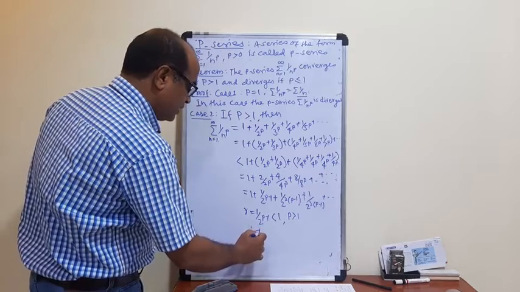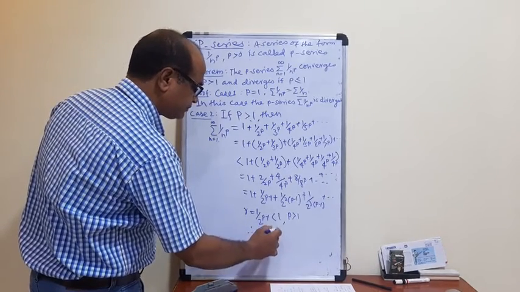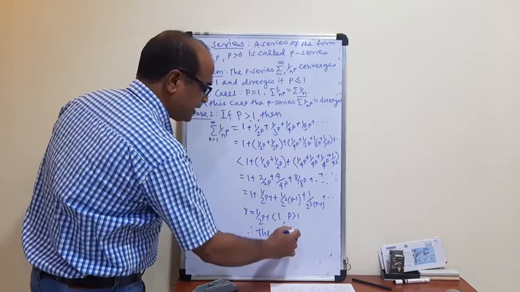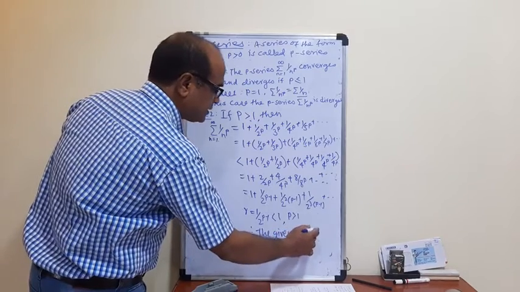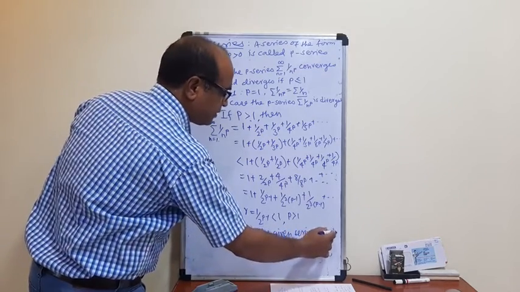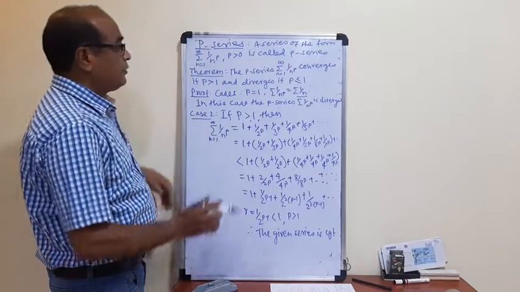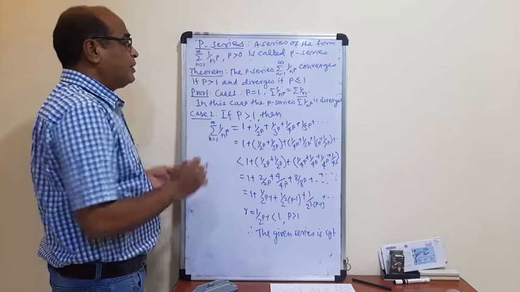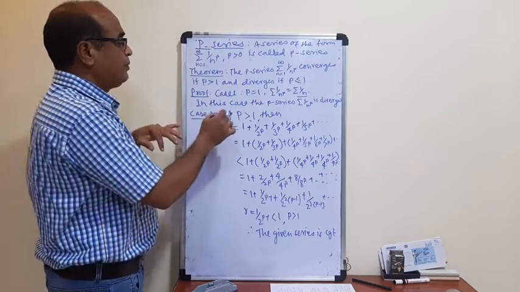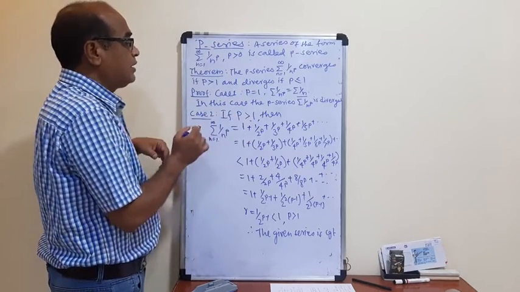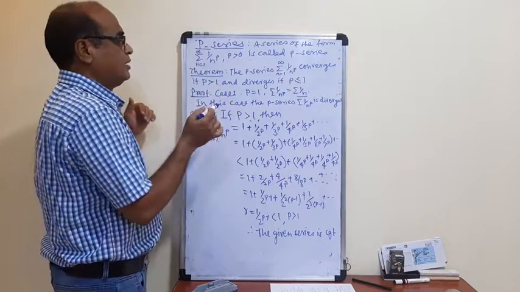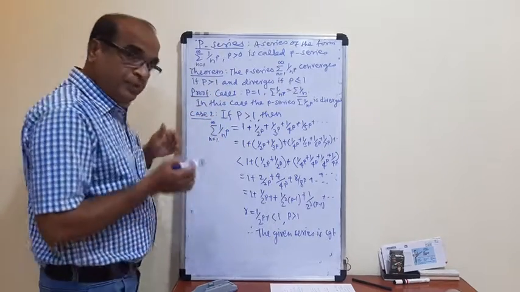Therefore, the given series is convergent. Okay, so we prove the case 2 here. We prove for P greater than or equal to 1.